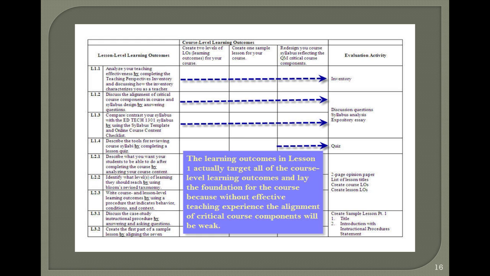The learning outcomes, as I said, in lesson 1 actually target all of the course level learning outcomes and lay the foundation for the course because without effective teaching experience, the alignment of critical course components will be weak. The 4th lesson level outcome, L1.4, is only aligned with the 3rd course level learning outcome.